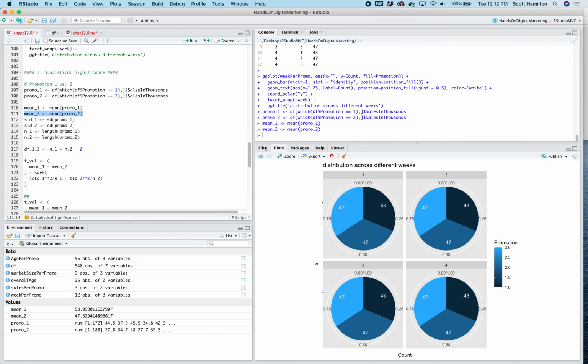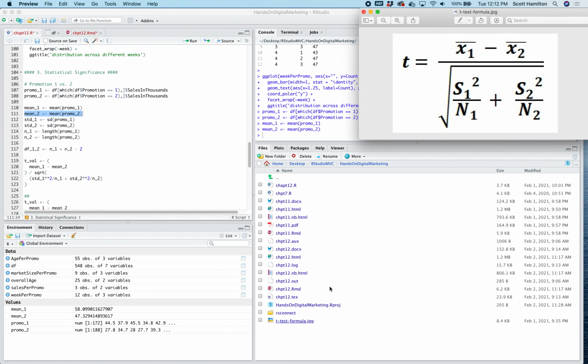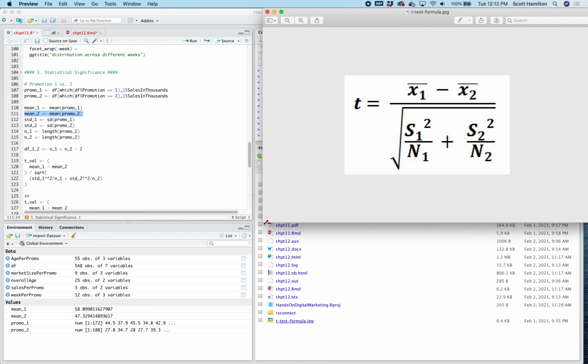What he's doing here is he's actually filling out this equation for the t-test, which goes like this. Our t-value, which we're going to create, is the mean of sample 1 minus the mean of sample 2 over the square root of the standard deviation of population 1 squared divided by the n, or the total number of observations in sample 1, plus the standard deviation of sample 2 squared divided by the total number of observations in sample 2.